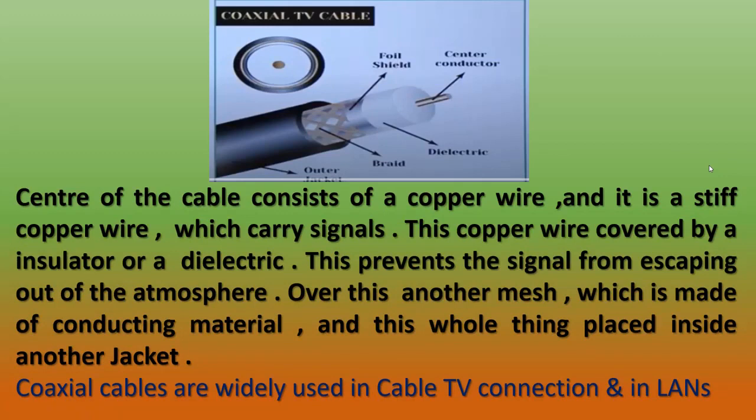This copper wire is covered by a dielectric material, which prevents the escape of signal from the copper wire. Over this is a mesh made up of another conducting material, and the whole thing is placed inside another jacket. This form of cable is known as coaxial cable.